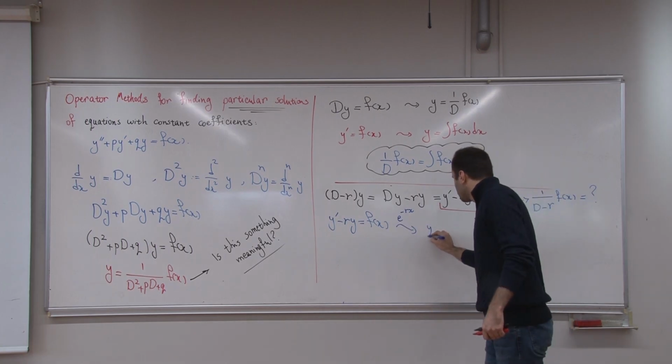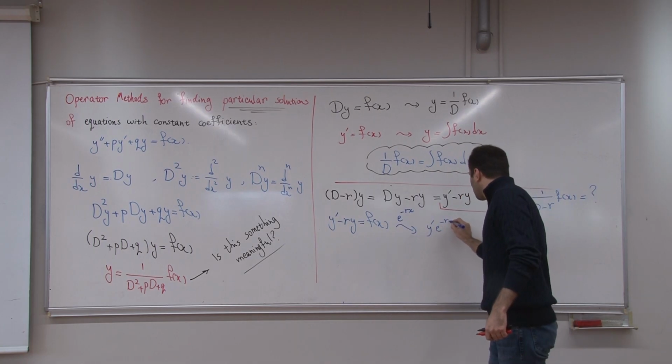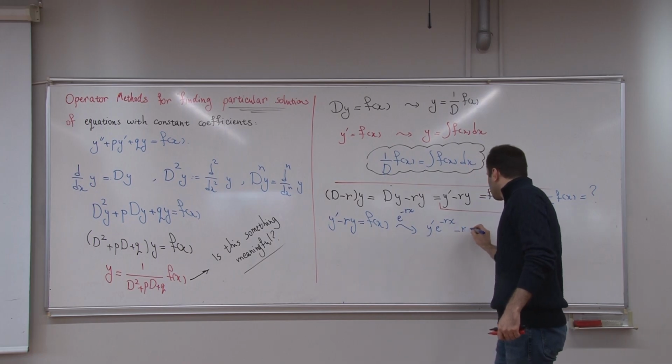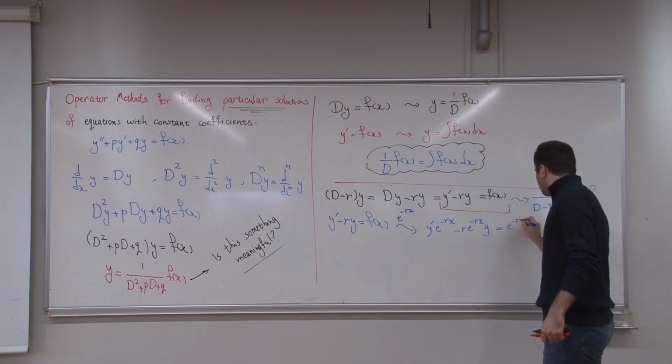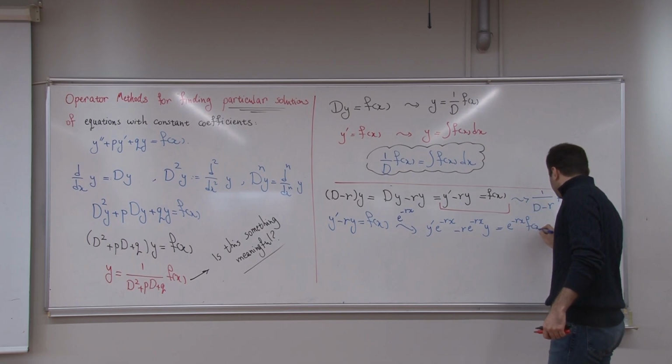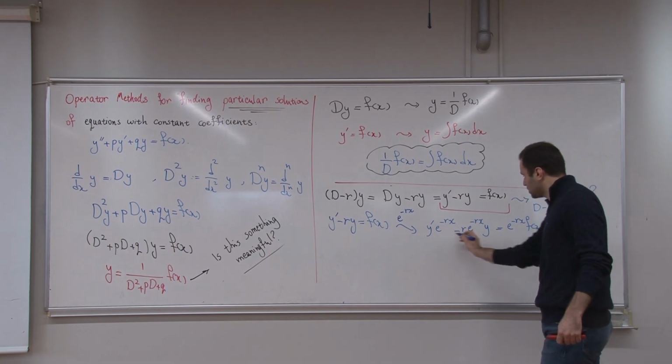It is going to be y prime e to the power of minus rx minus r e to the power of minus rx y equal to e to the power of minus rx f of x. What is this equal to?